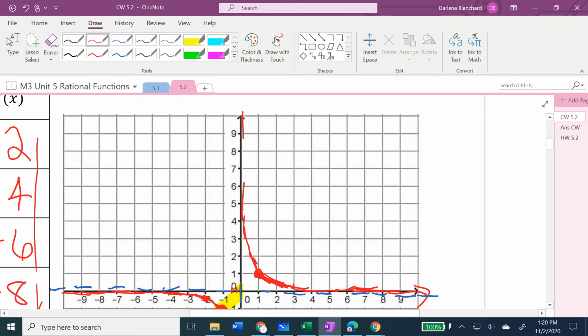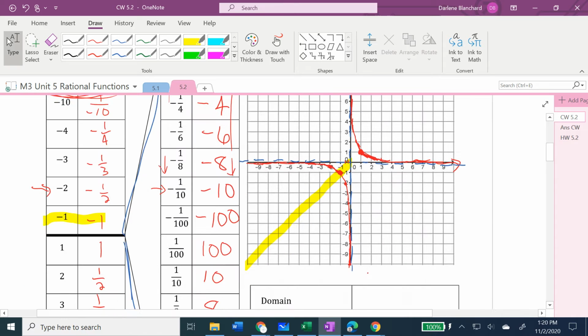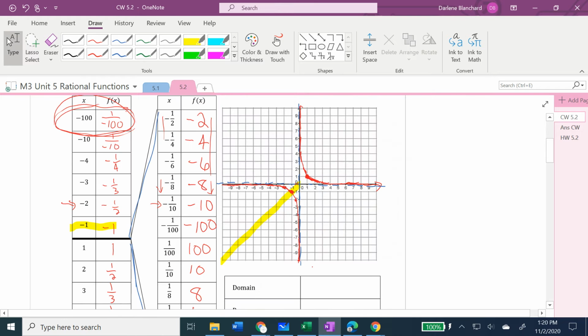So the function 1 over x only exists in quadrants 1 and 3, where x and y are both the same sign. They're either both positive or they're both negative. So we have the graph of 1 over x. It is a beautiful, beautiful graph.